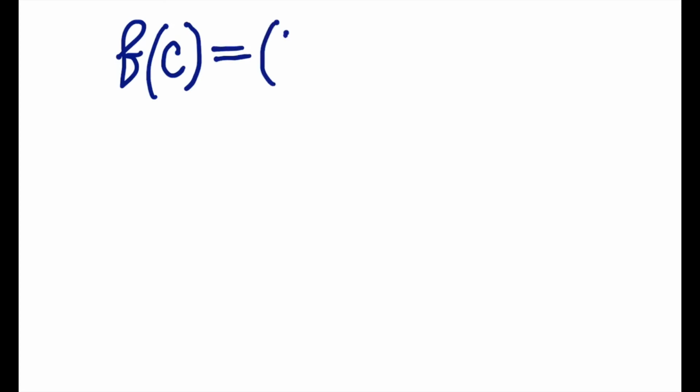If I have b of c, this notation will tell you that b will depend on c, equals, let's see, 10 minus c to the second power plus c.